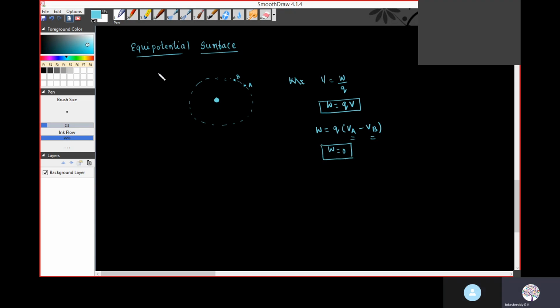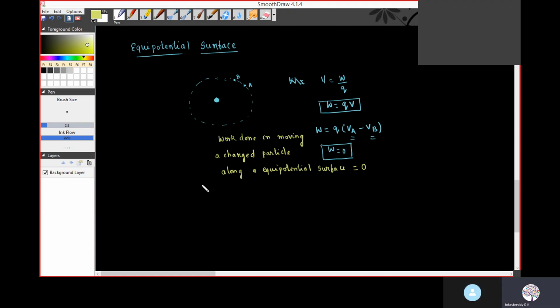So what we can write is the work done in moving a charged particle along an equipotential surface is 0, because the potentials will be same.